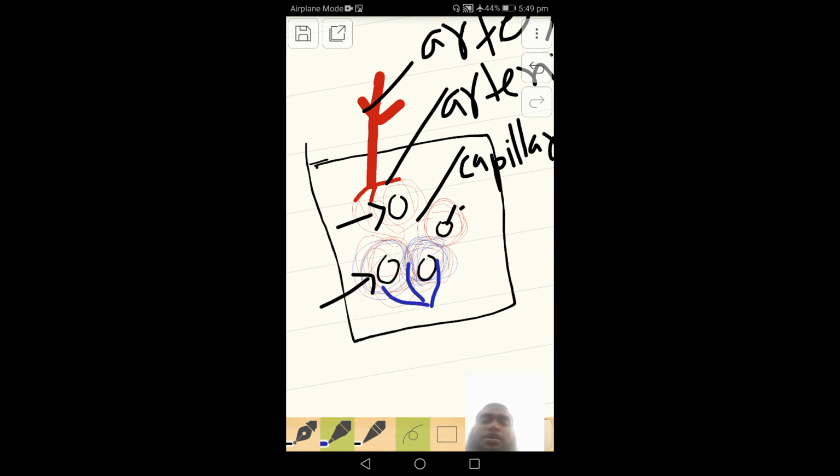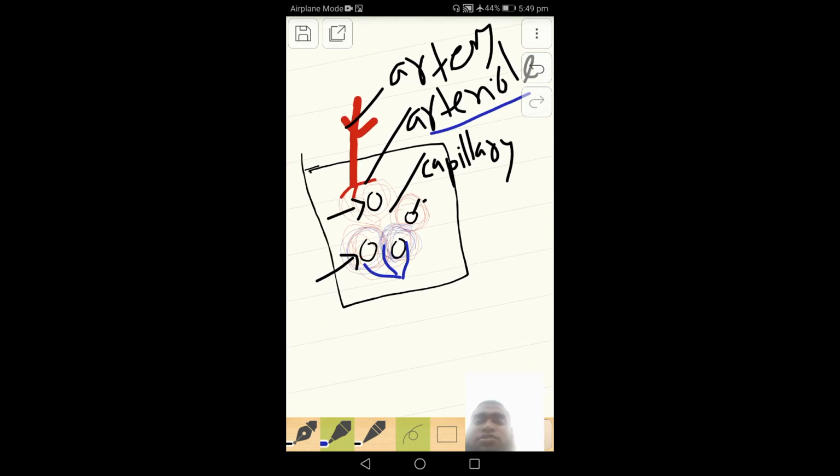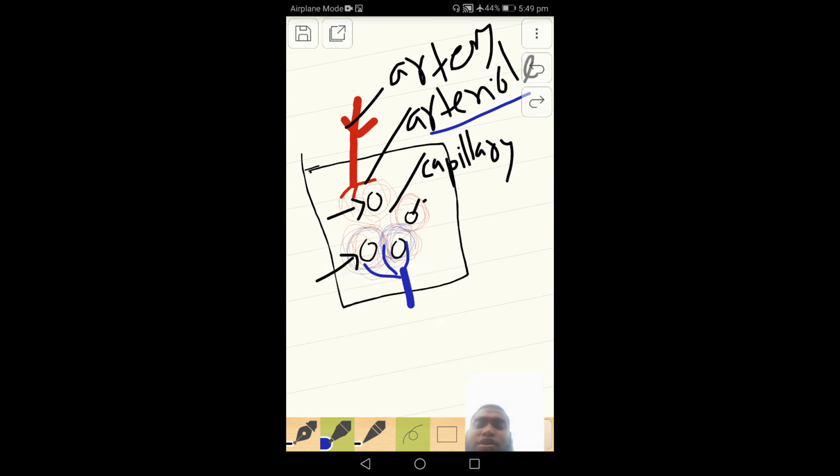Okay, so here it was arteriole. So these are the arterioles, and here they are the venules. Okay, then the venules join together to form what we call the large vein. Okay, so what is the sequence?